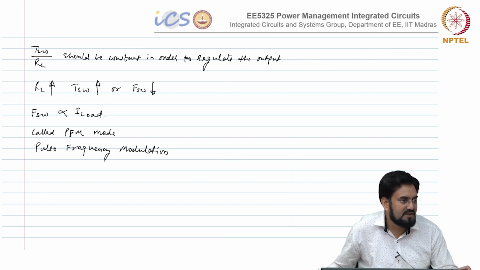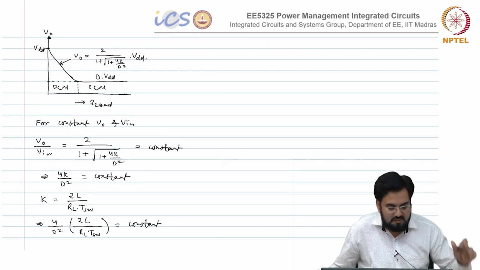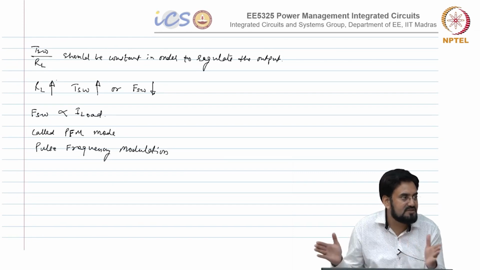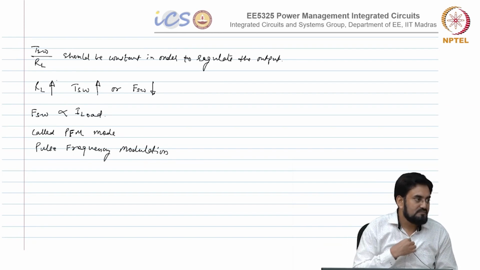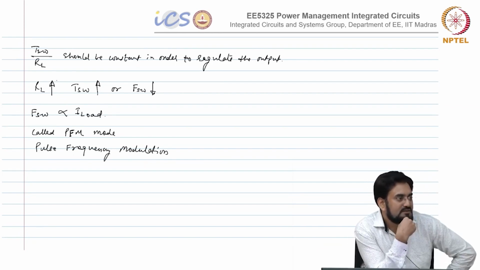If you don't worry about the efficiency and all those, then you can forcefully operate in CCM. So, what is the drawback here? Once you start reducing at lighter load, you are reducing the switching frequency. What is the drawback? Output ripple will be higher.